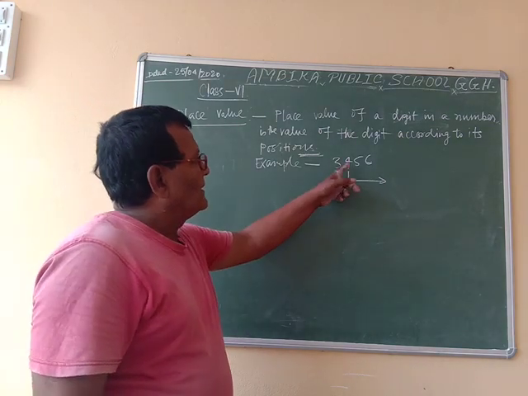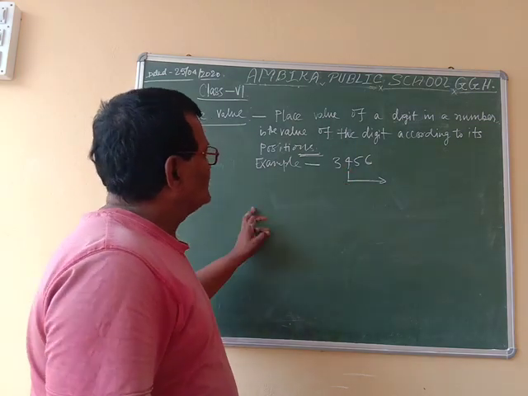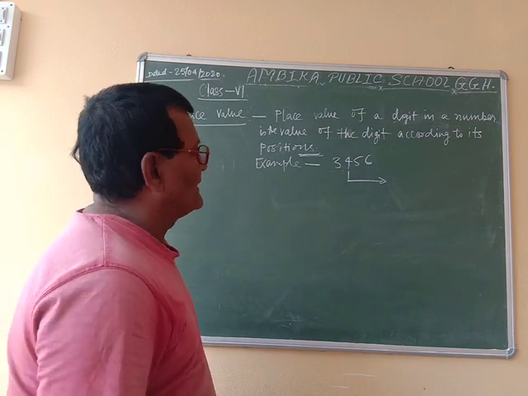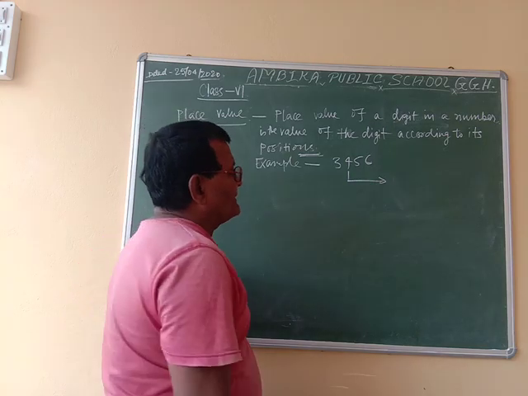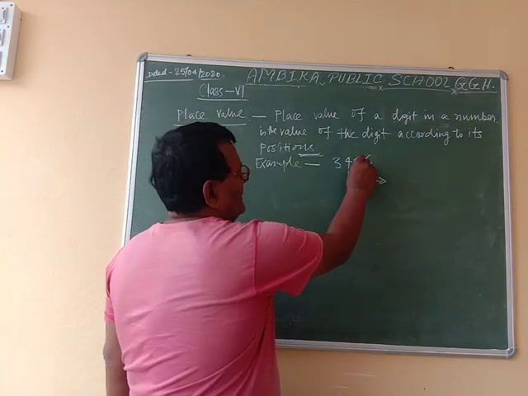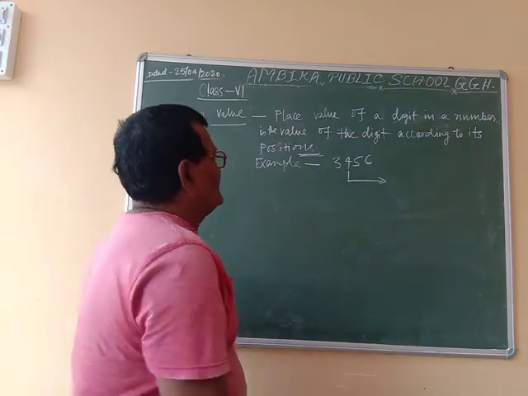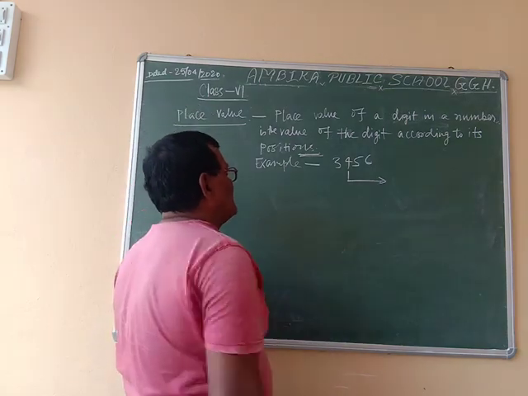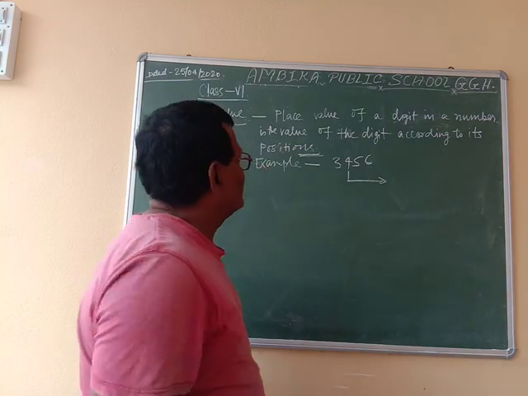We see that the position of 4 is at 100, so the place value of 4 is 400, and the place value of 5 is 50, because 5 is at the position of tens. And the position of 3 is at the 1000 place, so the place value of 3 is 3000.